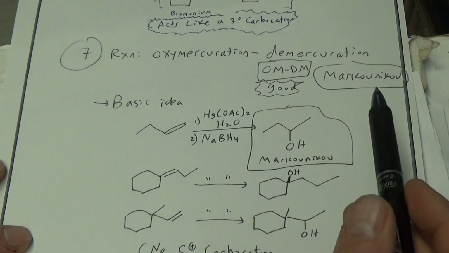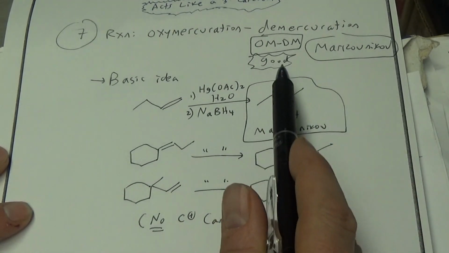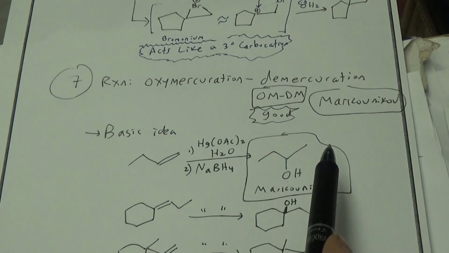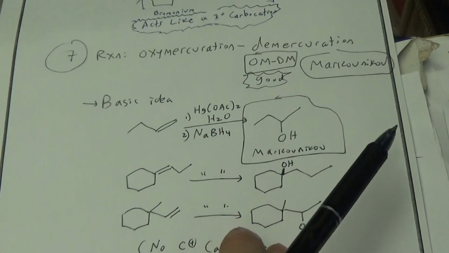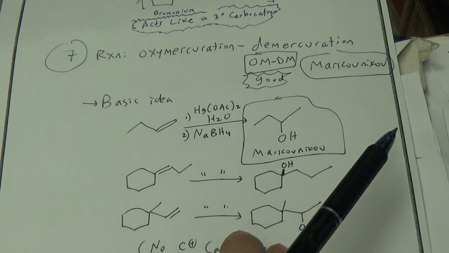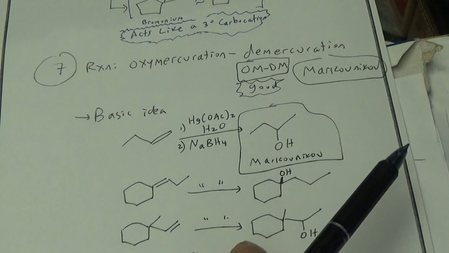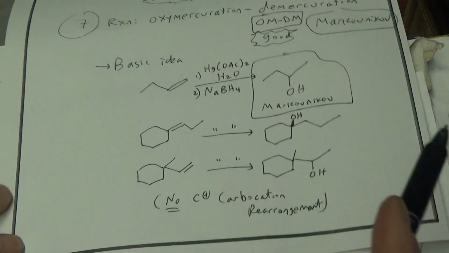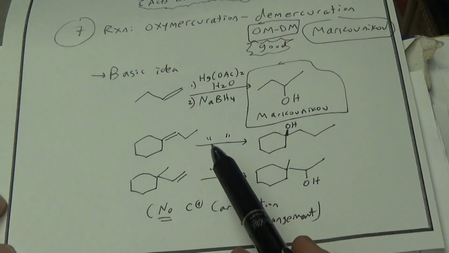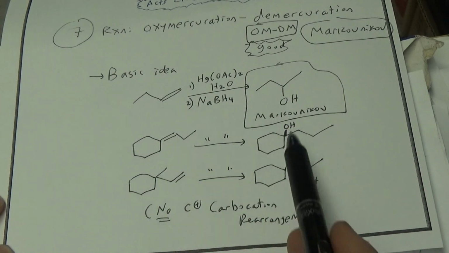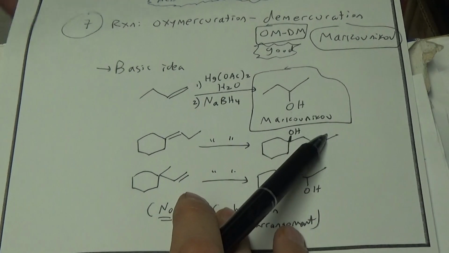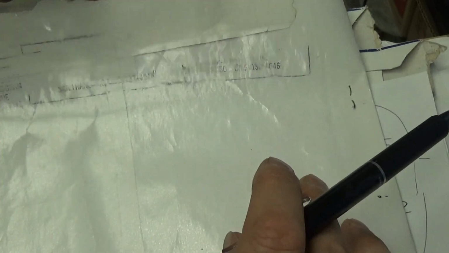Because you're eliminating all that carbocation rearrangement stuff. Okay? All right. So how does it do this? What's the mechanism? That's what's cool about all these reactions, their behavior is explained by the mechanism. So let's show how the mechanism works and how it eliminates carbocation rearrangements.